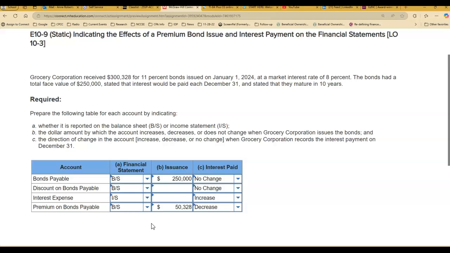When you issue at a premium, the carrying value increases. If you issue at a discount, like we did over here in this question, the carrying value is lower. So remember, you add a premium to get to carrying value. You subtract a discount to get to carrying value.